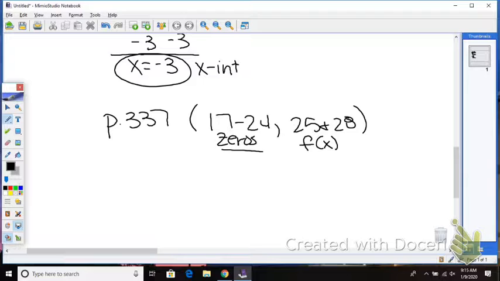For 25 and 28, I want you to find the zero (the x-intercept), the vertical asymptote, and the horizontal asymptote, and only do f of x. There's an f of x and a g of x. All right, and we'll go over it in class.